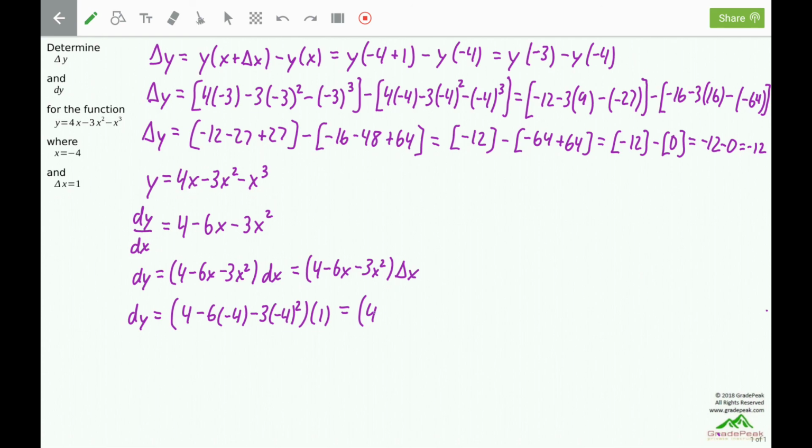Minus 6 times a minus 4 is a positive 24. Minus 3 times negative 4 squared is a 16. All this times 1.